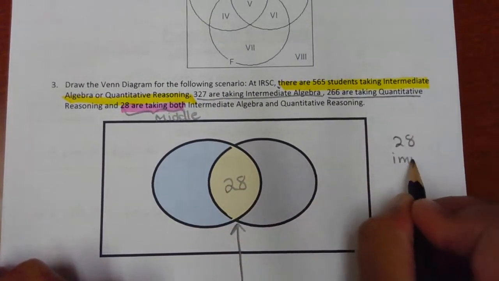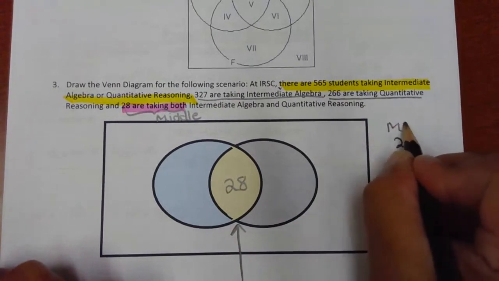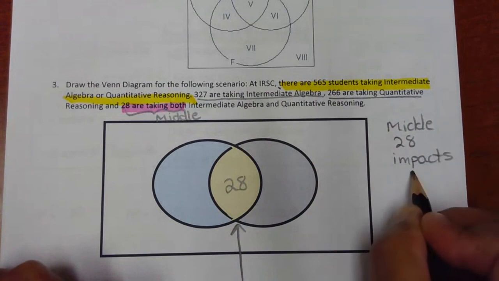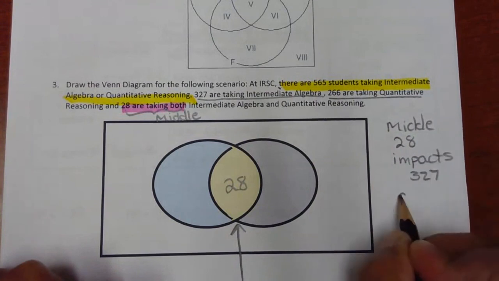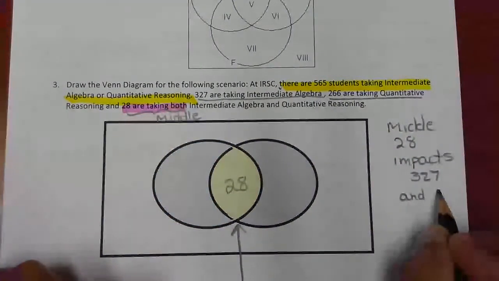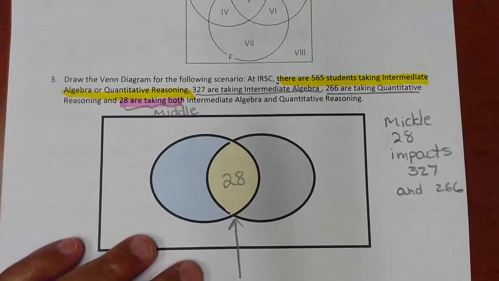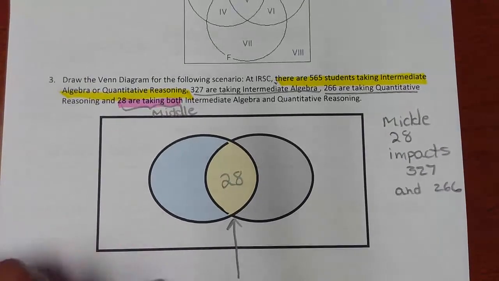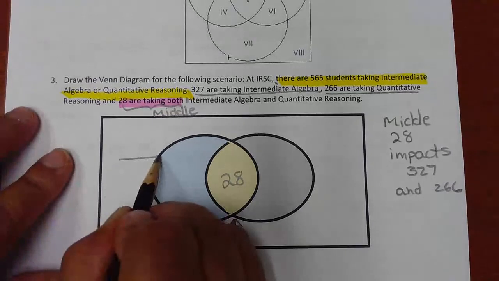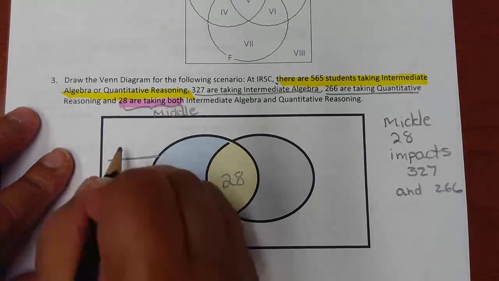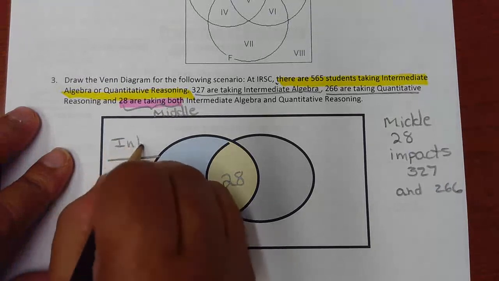That 28 that you put in the middle impacts the 327 as well as the 266. Maybe put that in your notes so you're not one of the people that makes that mistake. Okay, so now let's see. There is one set of people that took intermediate algebra.